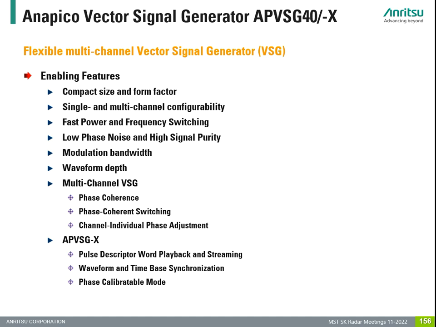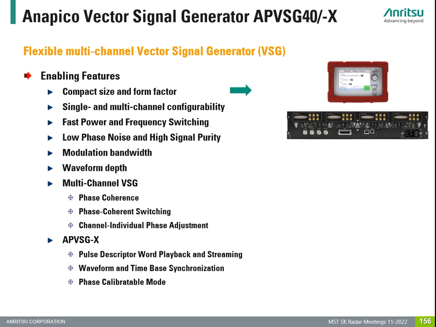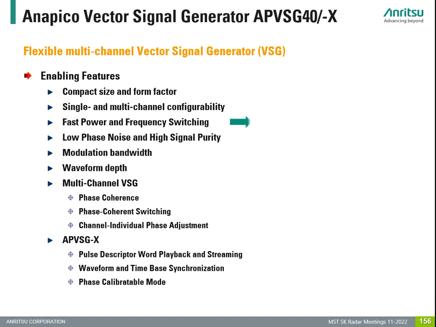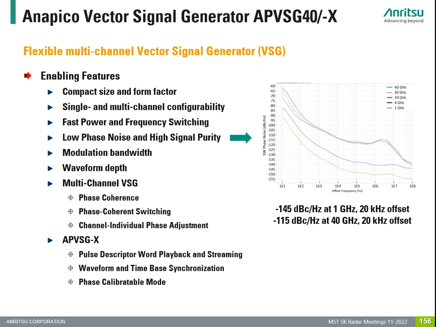There are several enabling factors that qualify a VSG for radar applications. Some are listed here. A small form factor for the lab bench is important, but at the same time, multi-channel capabilities and rack mounting might also be required. As agile radar is dealing with speed, it is required to provide fast frequency switching capabilities.